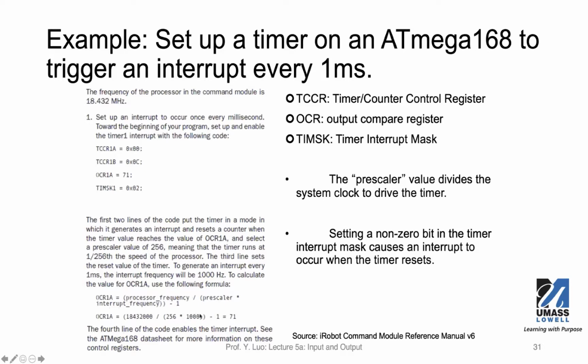So we convert that to microseconds, and then use that value and subtract 1, because we count from 0. So the final result is 71. The 71 should be the initial value, or the value that has to be reset into the counter when the timer expires.